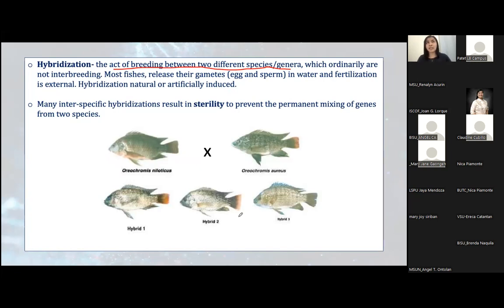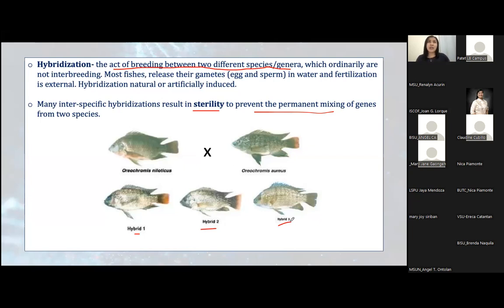So if there are different species mixed there, hindi mapipigilan na may fertilization na mangyari. However, to prevent the permanent mixing of genes from these two species, the result is sterile. For example, hybrid 1, hybrid 2, and hybrid 3 are sterile.